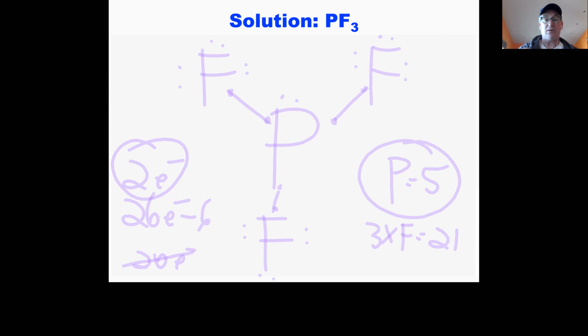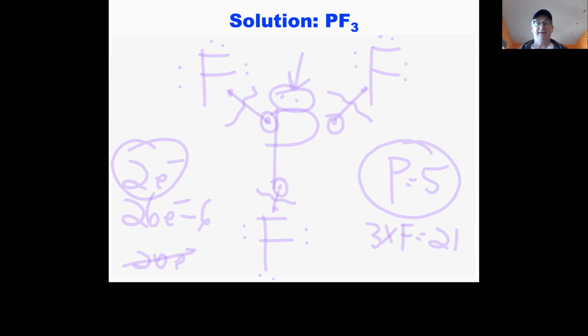So we count what I call the mine electrons. All the lone pairs that phosphorus has are mine. So that's 2, and it gets to claim 1 electron from each of these bonds. So 1, 2, 3, and then 2 for the lone pair. That's a total of 5, so it's not charged.